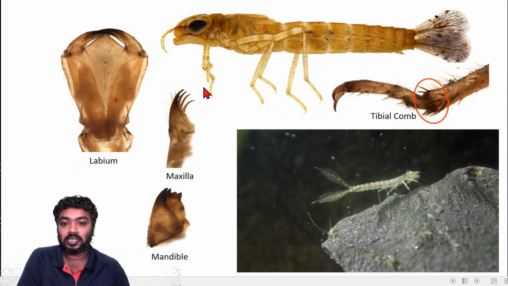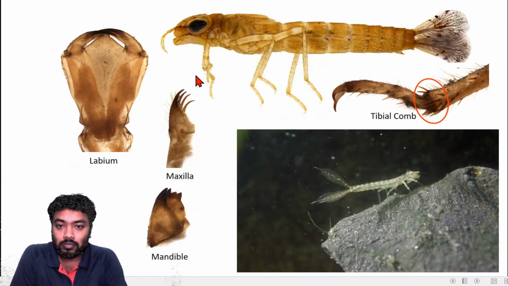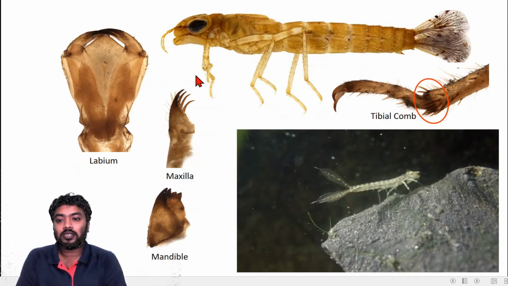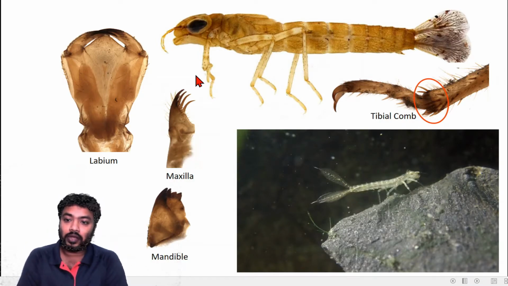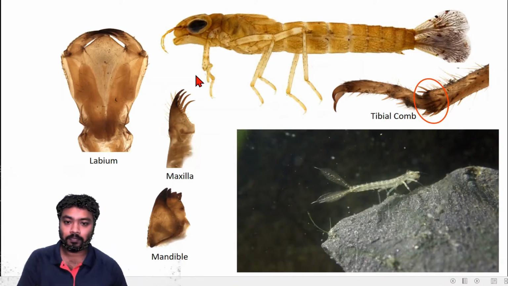These are additional characters that we can use for species-level identification, because sometimes species from a single genus are very difficult to identify as they have similar characters in other parts. So then we explore more body parts, the mouth parts and others, for more characters to differentiate between them. This is the maxilla and this is the mandible.